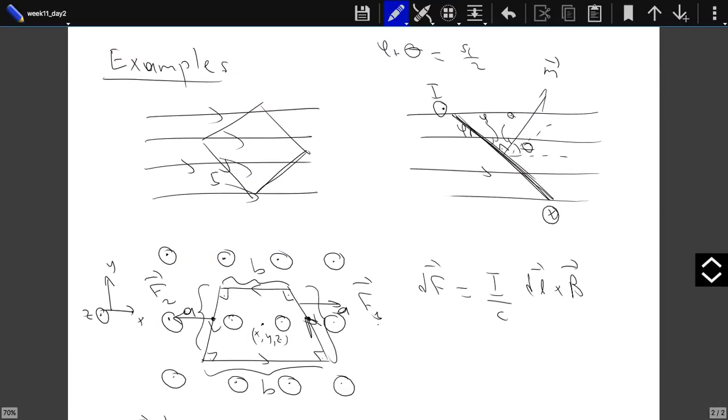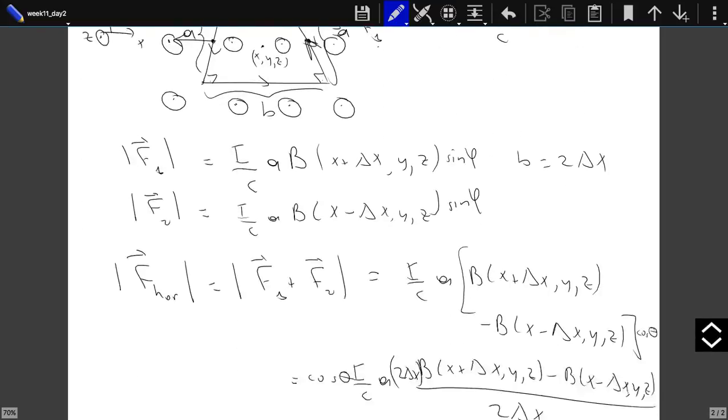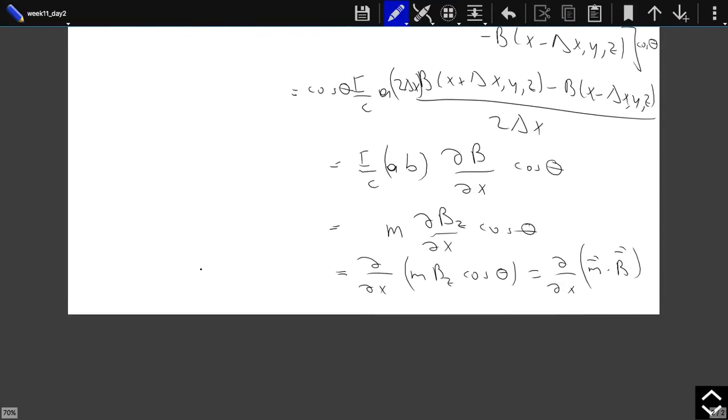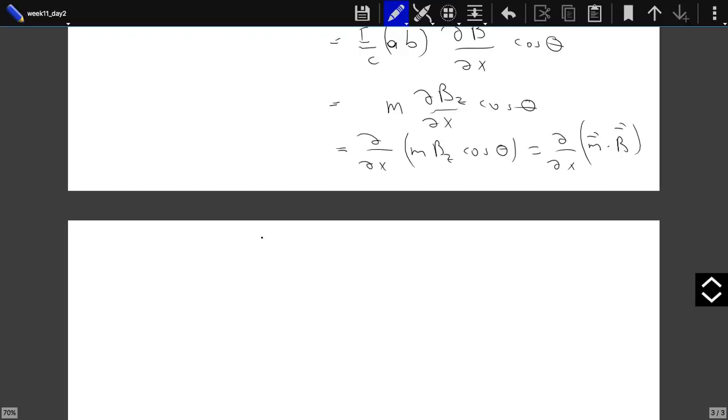The horizontal component is basically the x component, and hence the x component of the force just turns out to be the gradient of M dot B, and we take the x component. This is the right-hand side. So we basically derive the previous result for this rectangular loop. Of course, the previous result is valid for any current density. It doesn't have to be rectangular, it doesn't have to be on a plane, etc.